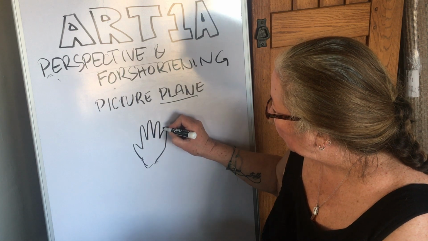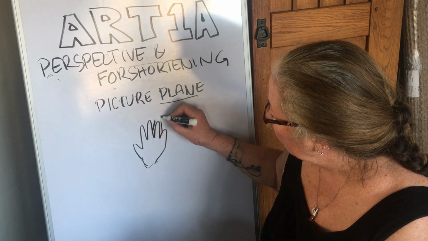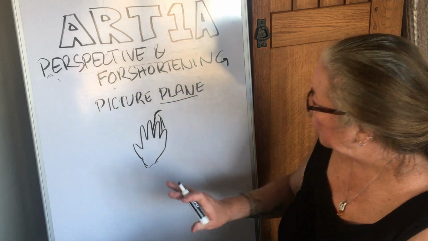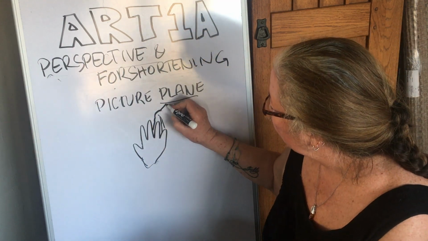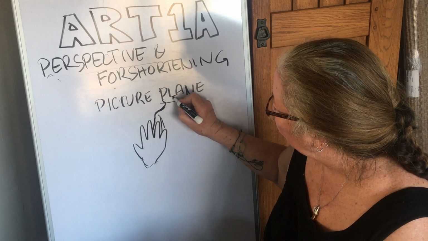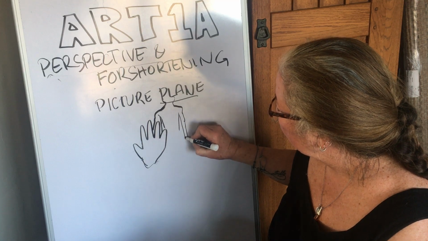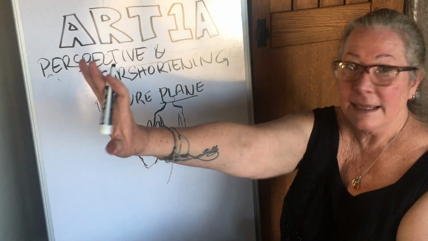And the arm would be going back that way to a person that looked much smaller, right? So I'm putting my hand out. Let's say here's the person, and they're going like that.